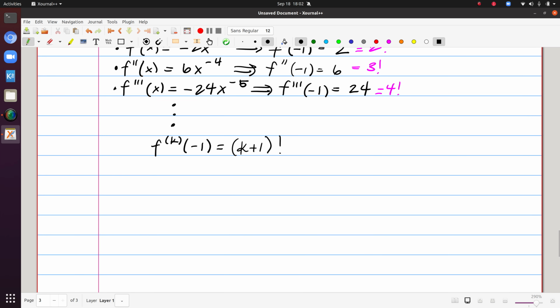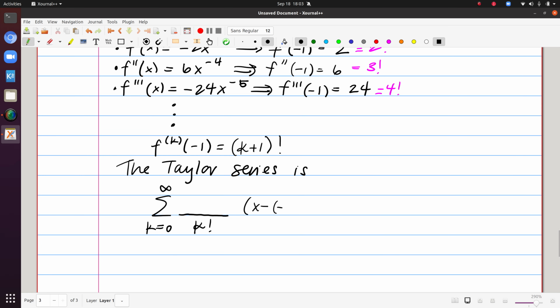Now, putting this into our definition, this tells me then that the Taylor series is the sum from 0 to infinity. And again, the things that go into the Taylor series always are these pieces here.